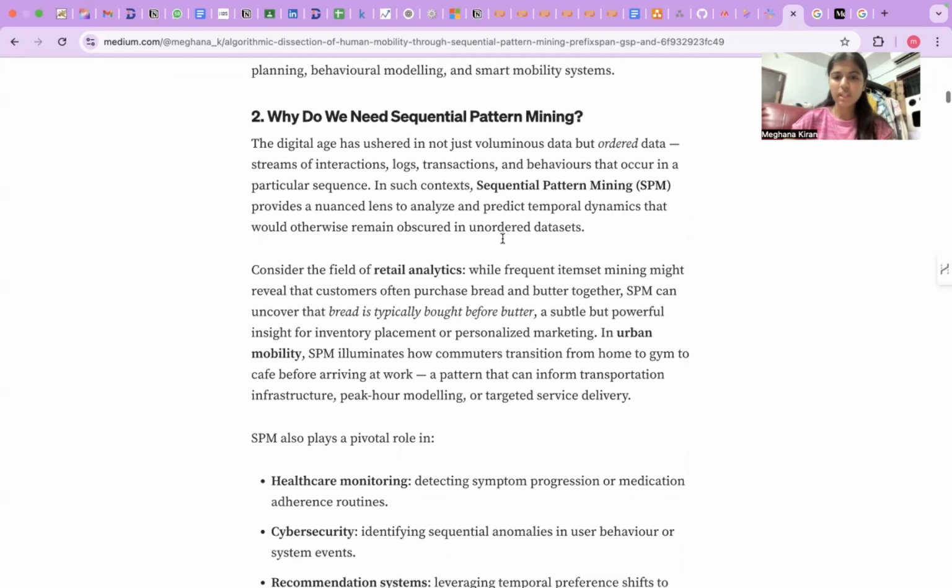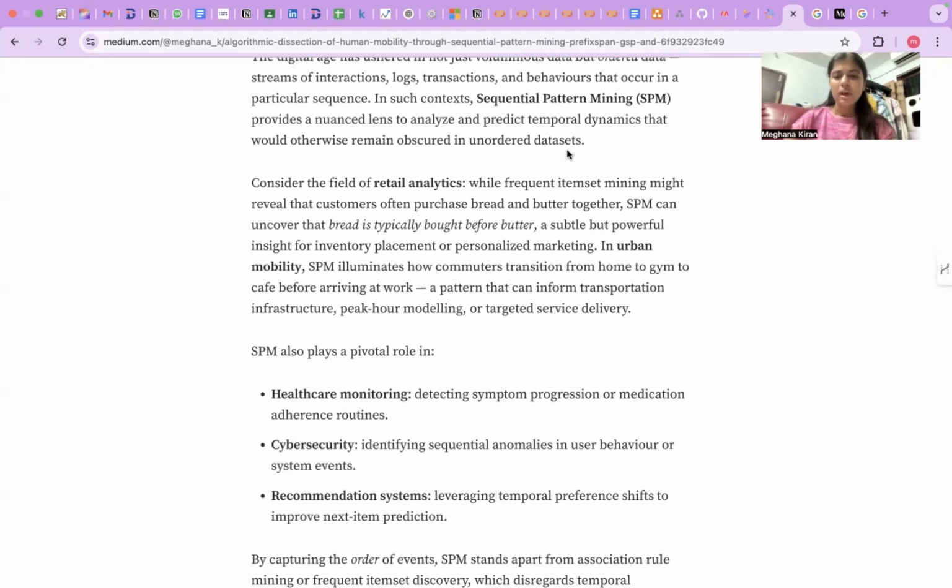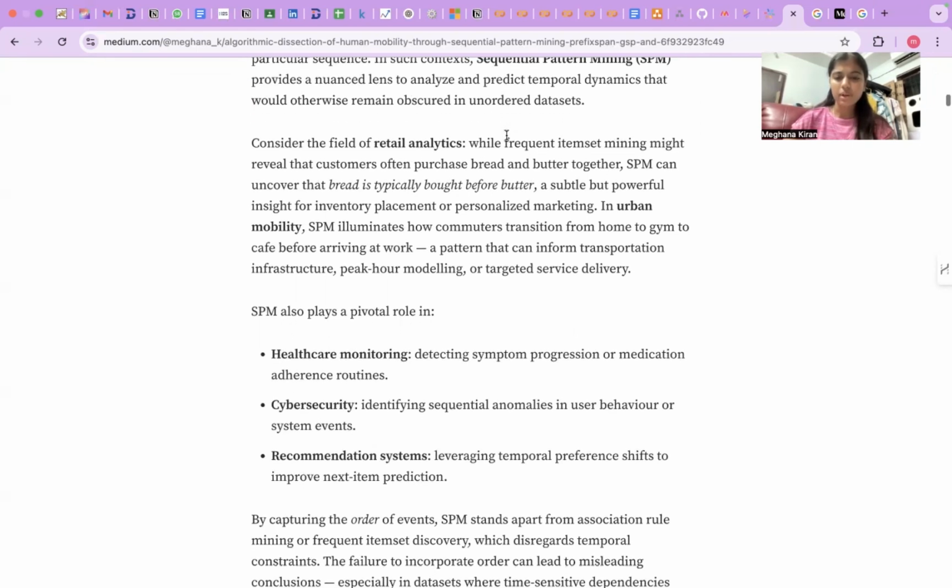As discussed already, the order matters. For example, in the field of retail analytics, while frequent item set mining might reveal that customers often purchase bread and butter together, sequential pattern mining tells whether bread is purchased before the butter or butter is purchased before the bread.